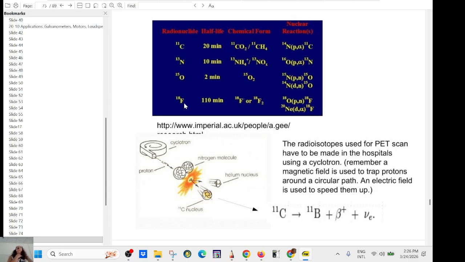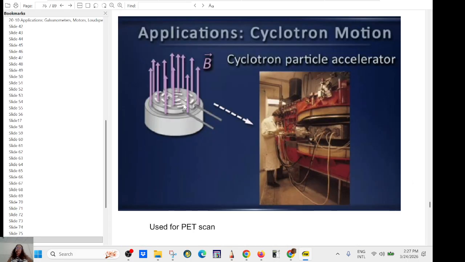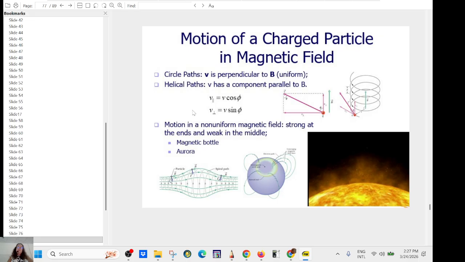Fluorine is for the thyroid, if you want to have a PET scan here. So it's a particle accelerator, except it's not linear. It's used in research and for PET scans.